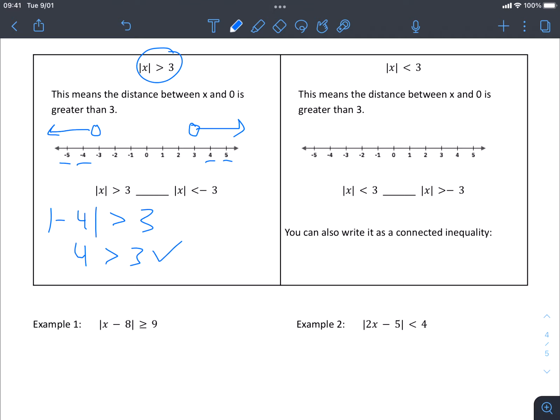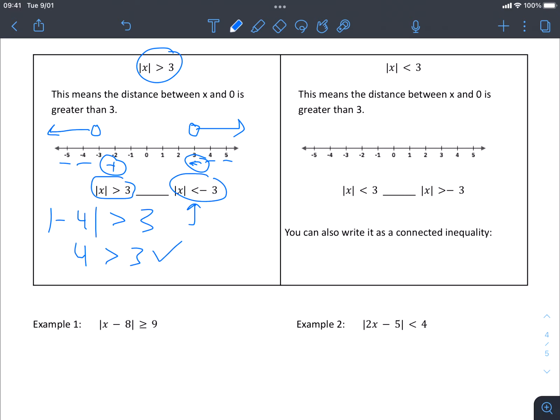Now, the cool thing is we took my original inequality and wrote it two ways. I wrote it as a positive inequality here. This is our positive version. And here's our negative version. Notice that I flipped the inequality symbol when I made the negative case. Then those two inequalities are graphed on my line.